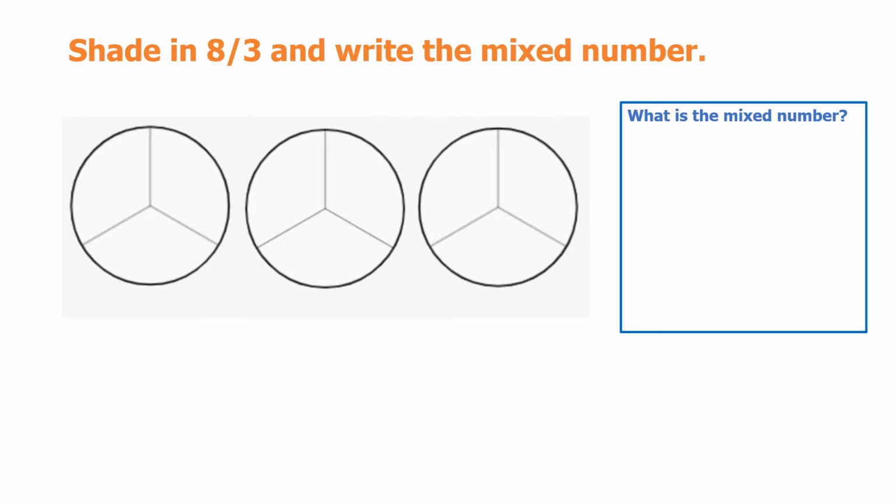This one says to shade 8/3 and write the mixed number. So I see that my denominator is a 3, and it's because this is 1/3, 1/3, and 1/3, because there are 3 parts. So if I need to do 8 of those, this is 1, 2, 3, 4, 5, 6, 7, 8.